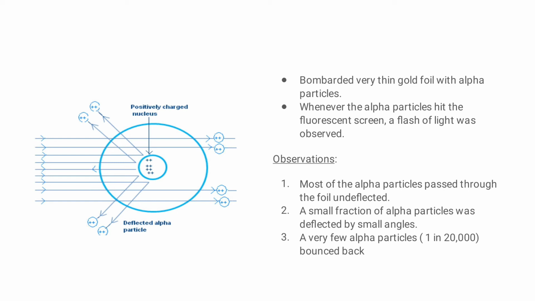Now, a very few particles, 1 in 20,000, only one particle out of 20,000, bounced back, which is shown by this middle line. Based on all these three observations, he made some conclusions.